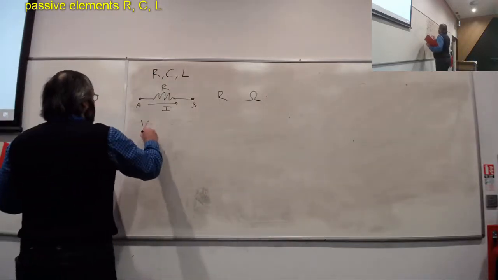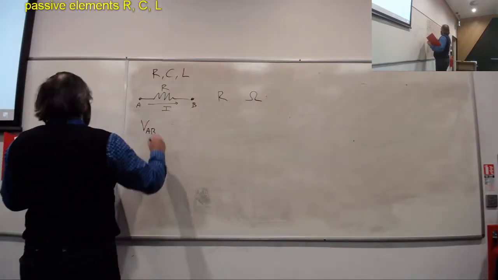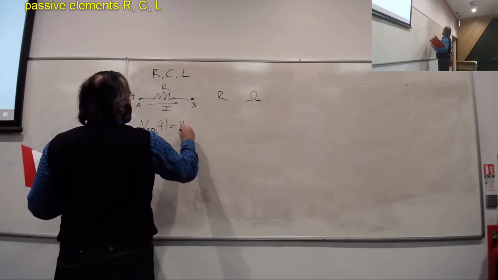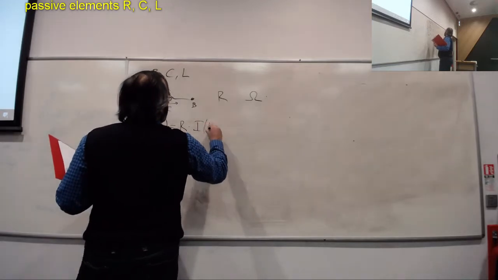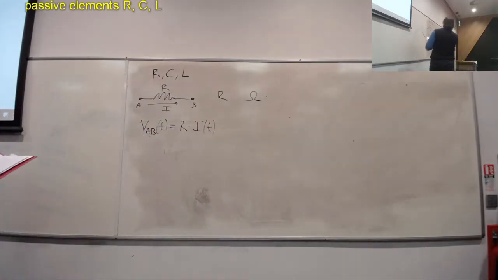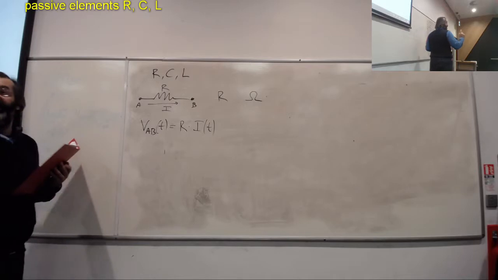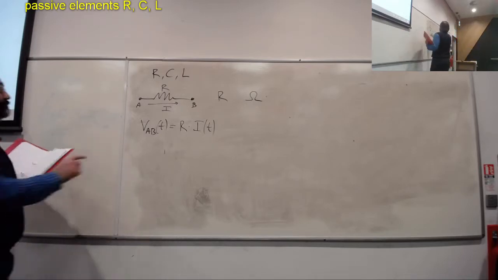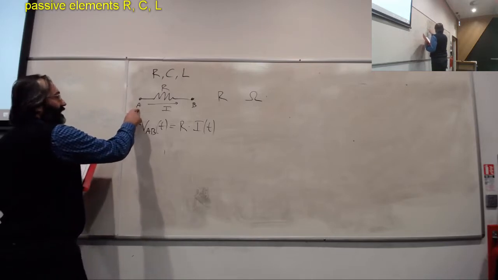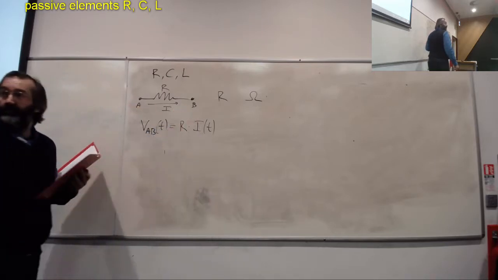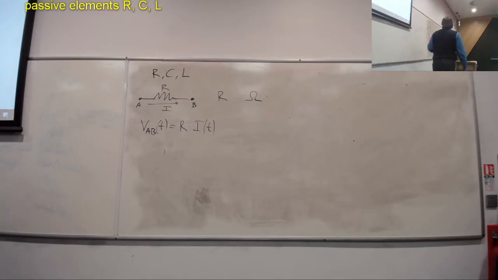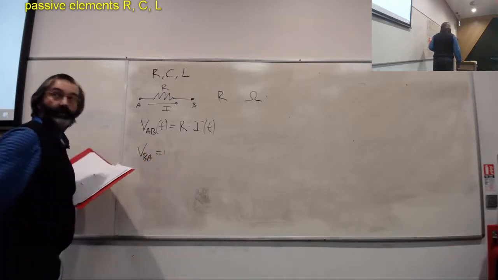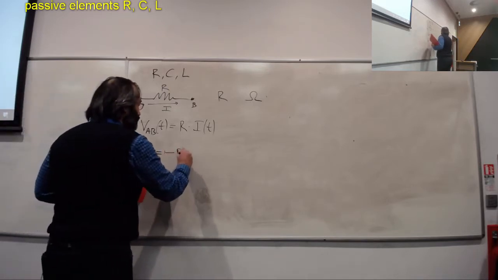And the fundamental law binding voltage and current for the resistor is, as you know, Ohm's law, which in this case we write like that. So VAB, be careful, I purposely put A and B to remember that this point is at higher potential than that, in the way we've indicated. So if I asked you what VBA is for the resistor, you would answer minus RI.